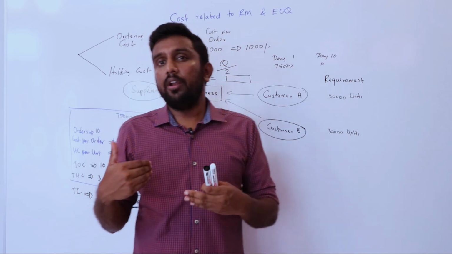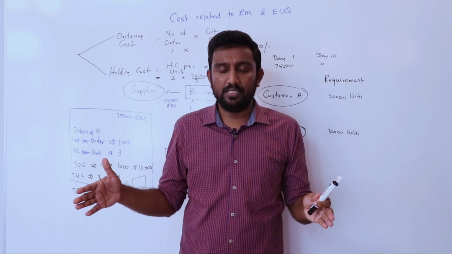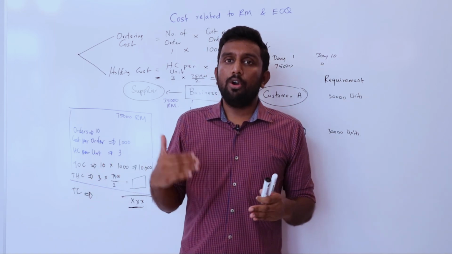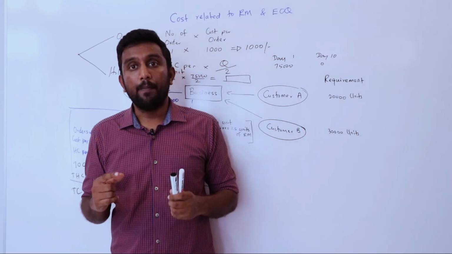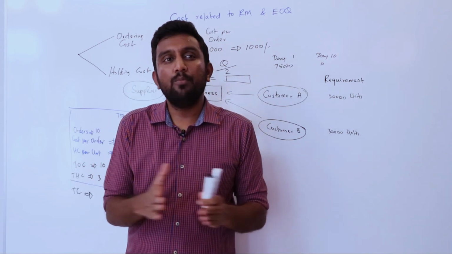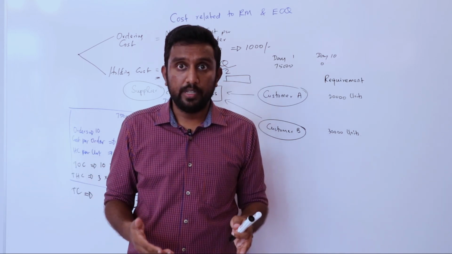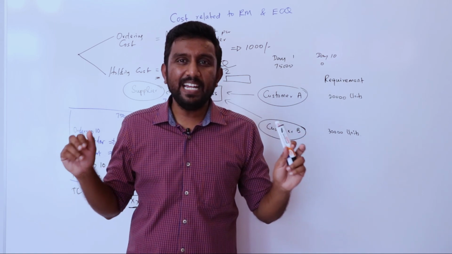If my ordering cost is less, meaning if I make only one order to get the entire raw material, my ordering cost will be less, but I'm going to hold the entire unit. That means I need more space, I need to pay more rent for the warehouse. It means my holding cost will be high. So it has a negative relationship.